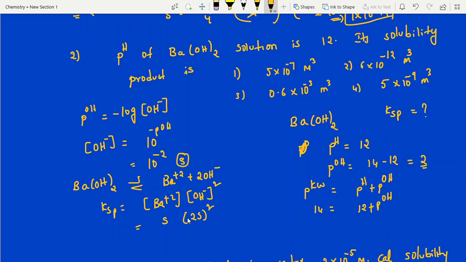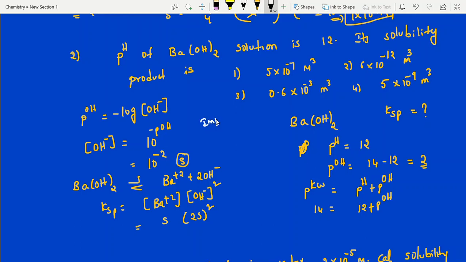After that, the next important step: see here, barium hydroxide reacts in a 1:2 ratio, right? Here the OH minus ion concentration is how much? 10 to the power of minus 2. So it plays a very important role, students. If you take this directly in the numerical, you will definitely get it wrong. So listen to this important note.